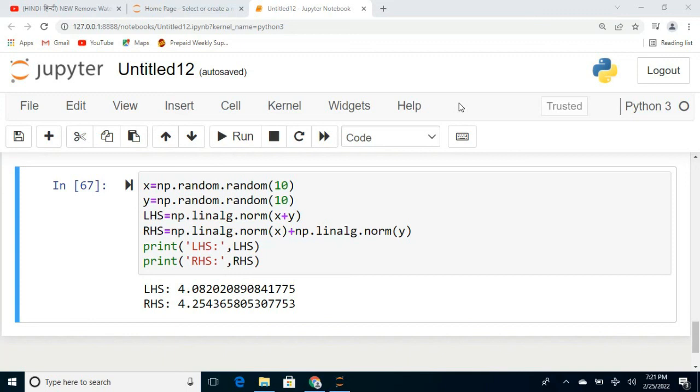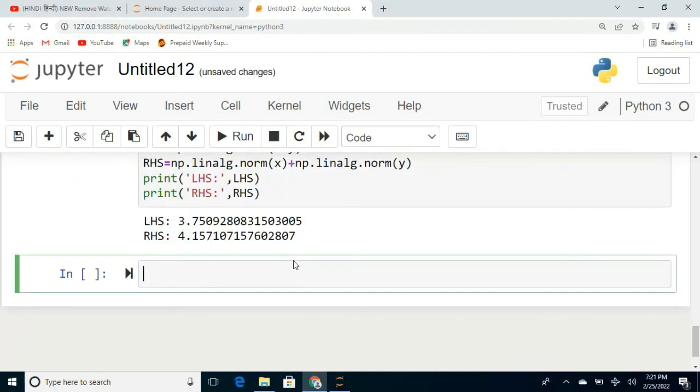Now we are talking about root mean square. The root mean square of a vector is actually the norm of x divided by the square root of n.